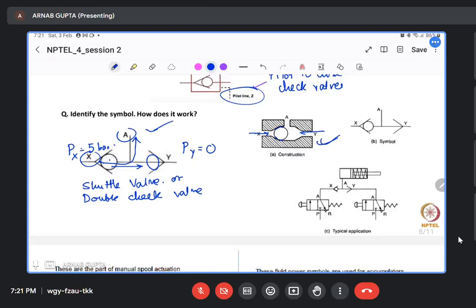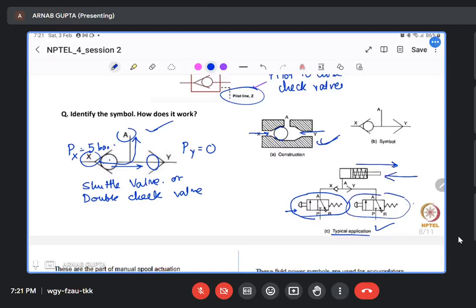One particular application you can see here: suppose when you push this particular direction control valve, then you want the cylinder to extend. If you push this other valve, then you want the cylinder to retract.